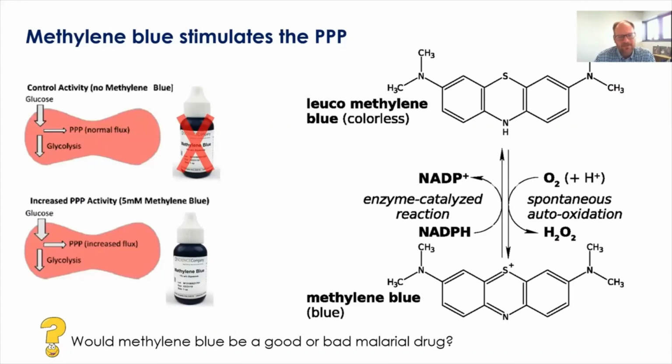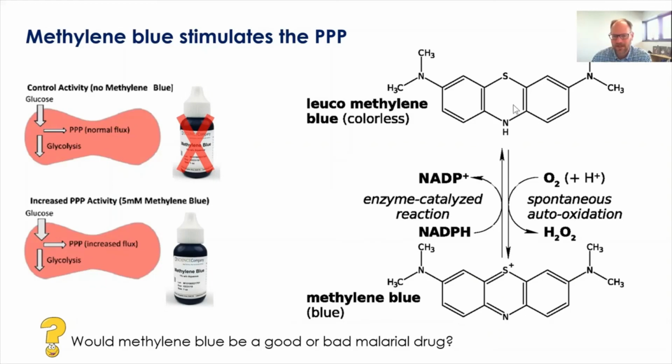So this property has been used by people making new anti-malarial drugs in the past. And this is a drug here that was used historically as an anti-malarial drug, methylene blue. So methylene blue, when it reacts with oxygen, will have this blue color, and when it gets reduced back, it's colorless.